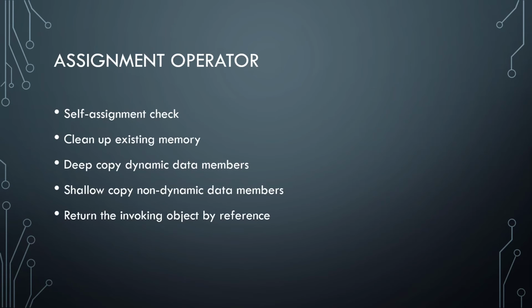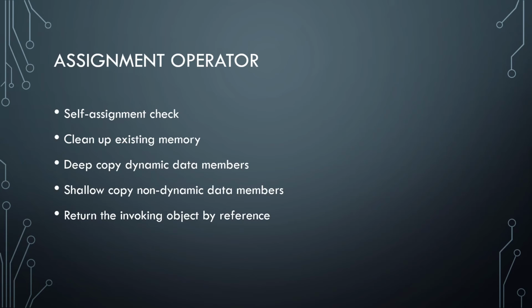The assignment operator has very similar results to the copy constructor. It's just a different context of when they are called. Because an assignment operator is called on an existing object, the first thing that we always need to do is a self-assignment check. If we try to copy over an object and we're dealing with dynamic memory, then that is definitely going to cause a problem, because we're going to end up deleting memory that we're trying to copy from.